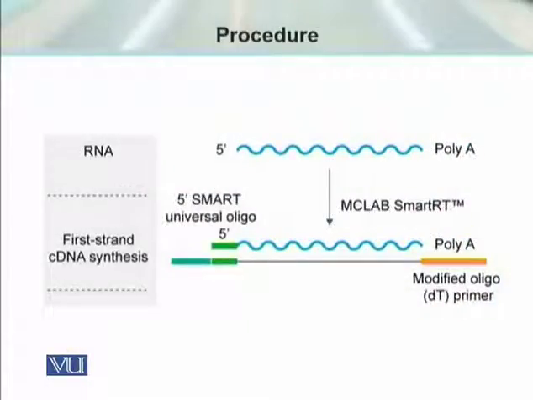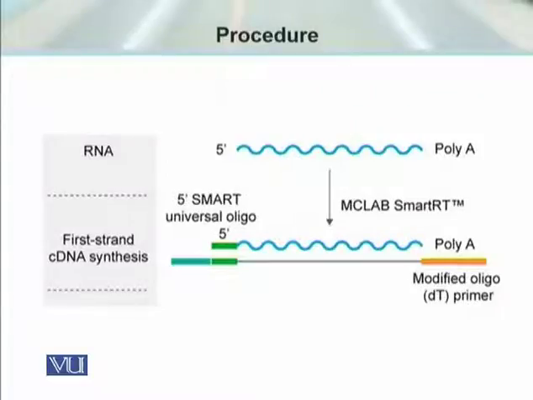Using this method we are going to get first strand cDNA synthesis. The first strand cDNA is required because we are going to hybridize this single stranded cDNA with our probe or with our target DNAs on the microarray.